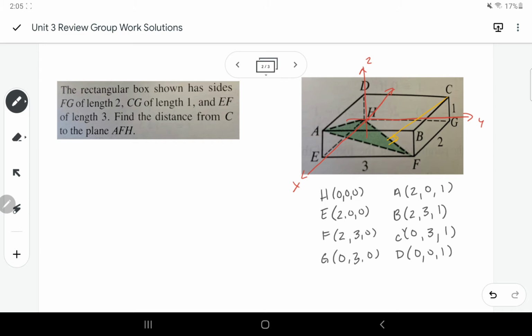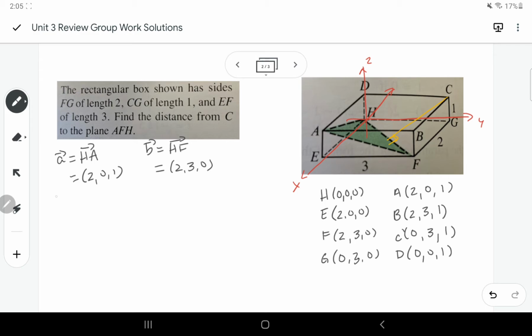So I'm going to have my two vectors on the plane, which will be HA, which is going to be the vector 2, 0, 1, and HF, which is the vector 2, 3, 0.